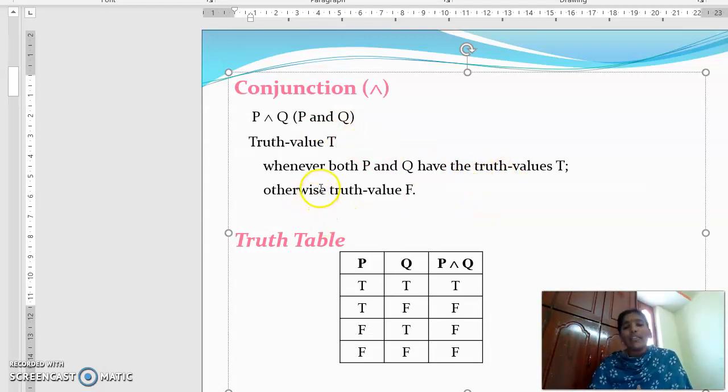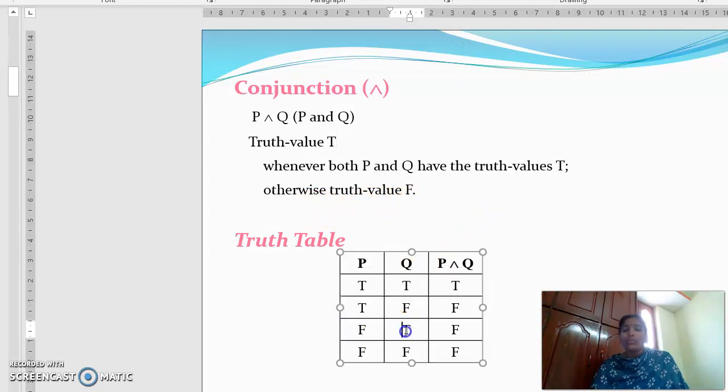Whenever both P and Q have the truth value true, then P and Q is true. Otherwise, it is false. That means if the truth value of P is false and Q is true, it is false. If both are false, it is false. Even if one of them is false, it is false.